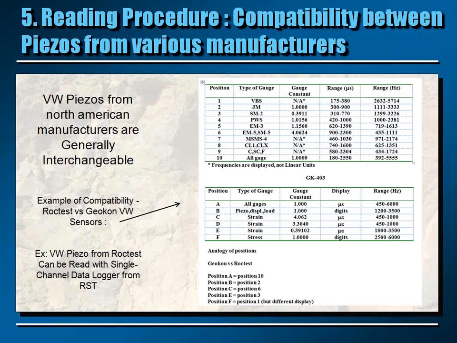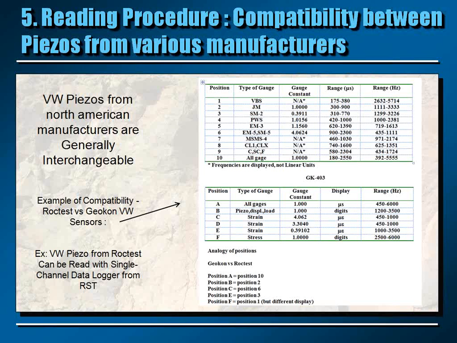This means that normally you can use a readout unit from Roctest for reading Geocomp piezometers or Slope Indicator piezometers. And it's true, you can also use a Slope Indicator readout unit for reading RST piezometers.